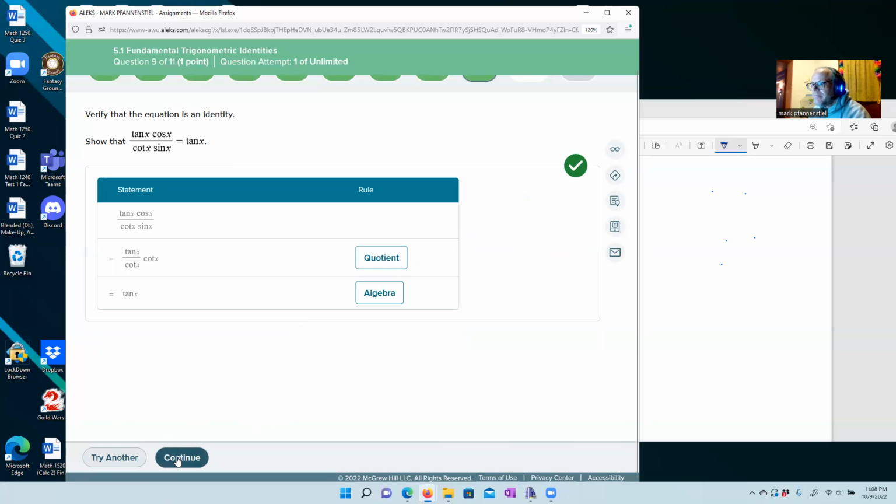Okay, so the one thing actually that we do like about Alex on this one is that it will let you run around in circles until you die of old age, because that's how real trig identities work. You are allowed to run yourself around in circles and not really get anywhere.